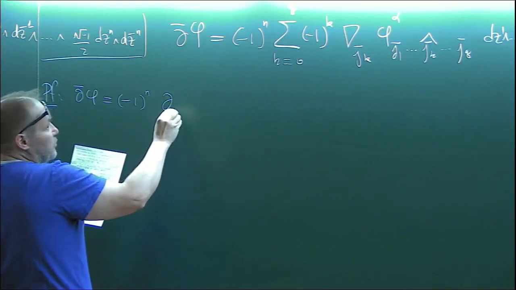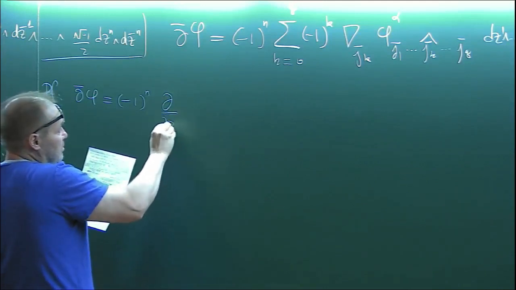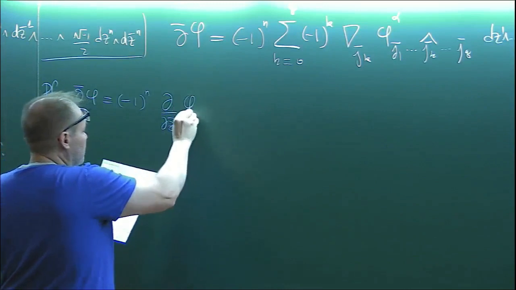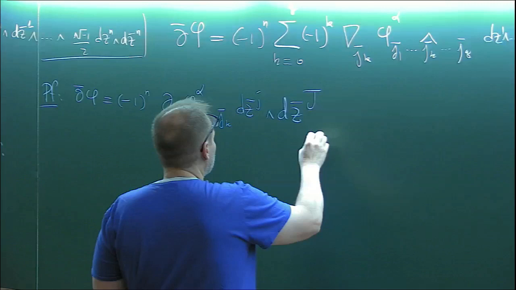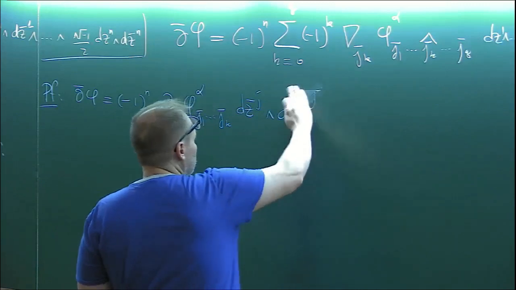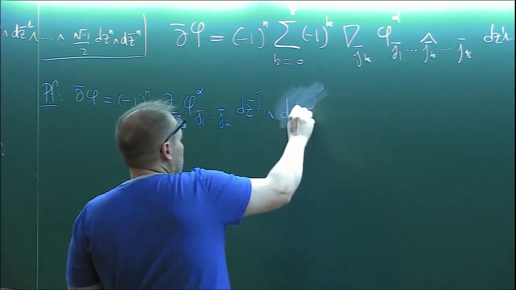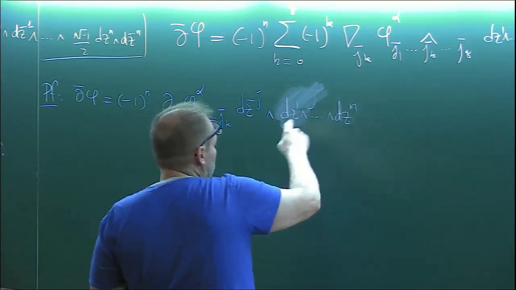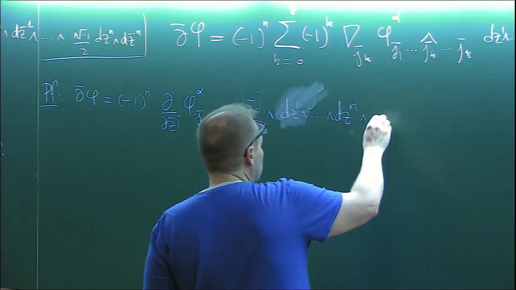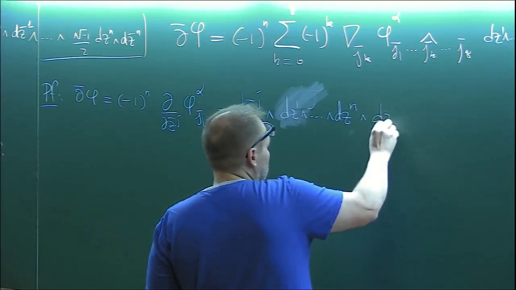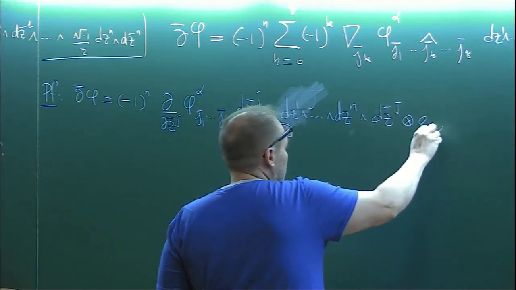And we're supposed to differentiate this phi alpha j1 bar, jk bar, and then we put dz bar j wedge dz bar capital J. The only disadvantage of working with NQ forms is you have to keep writing this. I should have just stuck it in the frame. dz bar j tensor.